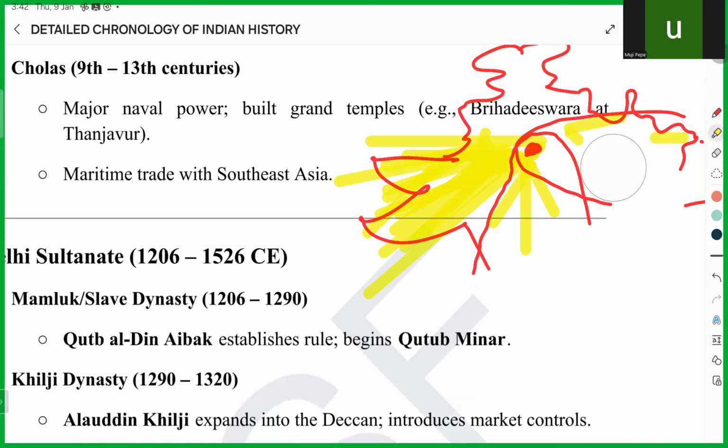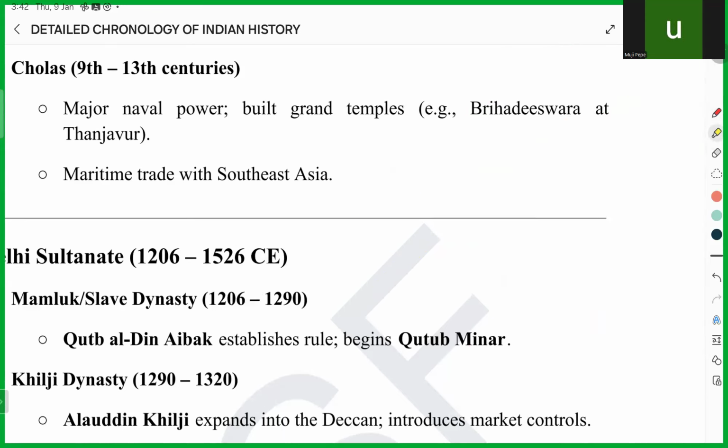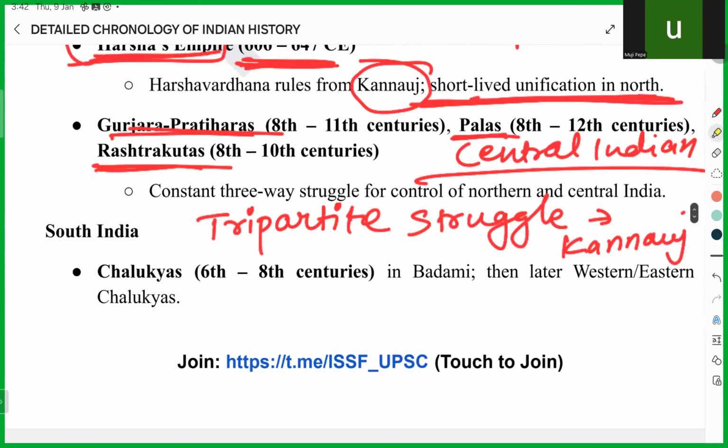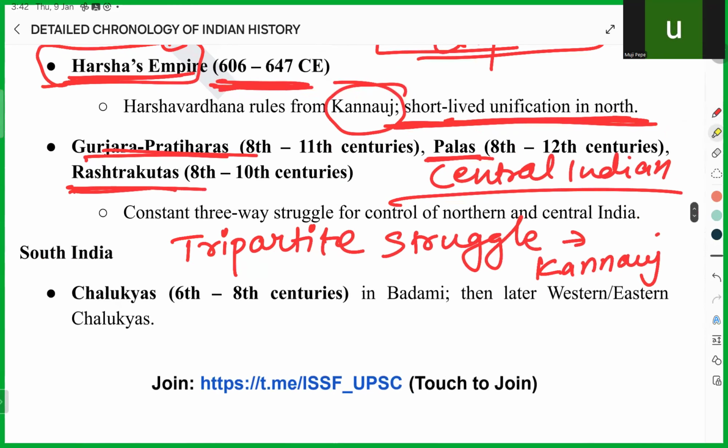So they tried to control Kannauj, but they were not successful. The Kannauj city changed hands between these three. Sometimes the Palas were successful, sometimes the Pratiharas, and sometimes the Rashtrakutas.